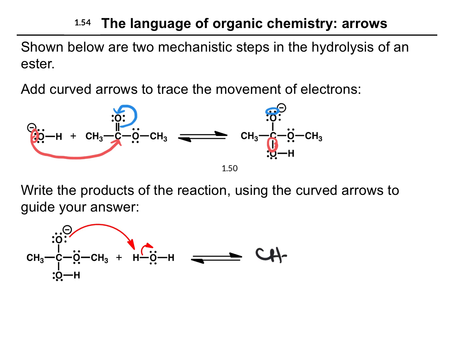We have our CH3 connected to our C, connected to our OH, connected to our OCH3. No changes are happening here. This oxygen is still connected to these 2 lone pairs, but now there is a new bond to a hydrogen. So this pair of electrons is this pair of electrons, and this hydrogen is this hydrogen.